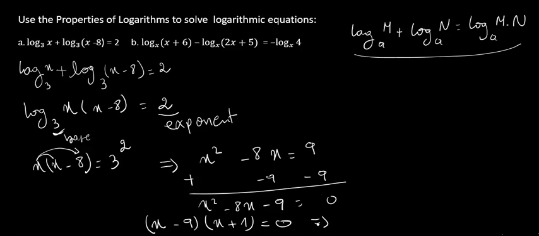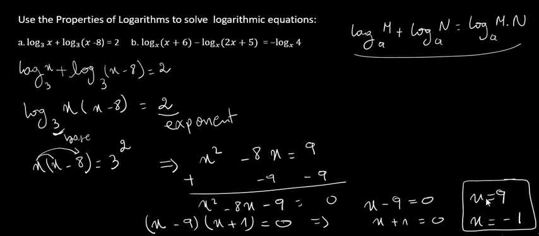Now here I have either x minus 9 is equal to 0 or x plus 1 is equal to 0, which means x is equal to 9 or x is equal to minus 1. Now I have to check those solutions, which means I have to replace them in my equation. I will see if they will verify the equation. I'm gonna start with x equal to minus 1.